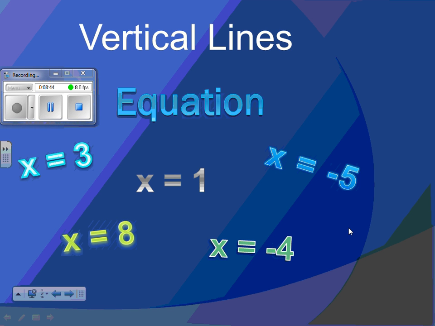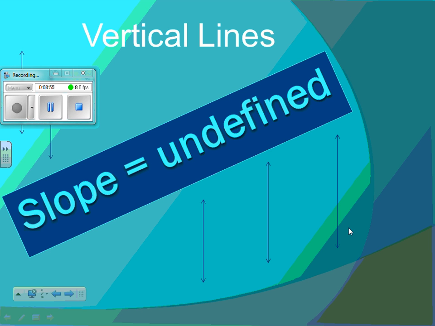It is a vertical line. We know with a vertical line the slope is, but what's the slope? Good, Kelly. Undefined. Okay, the slope is undefined. You need to know that.